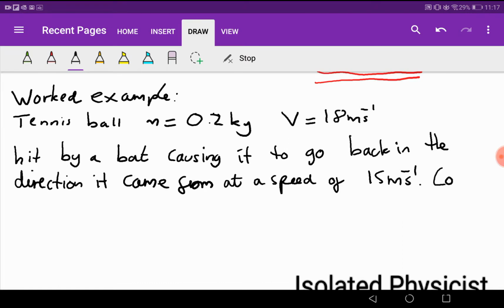Contact time was 0.12 seconds. So A, we have to work out the change in momentum.